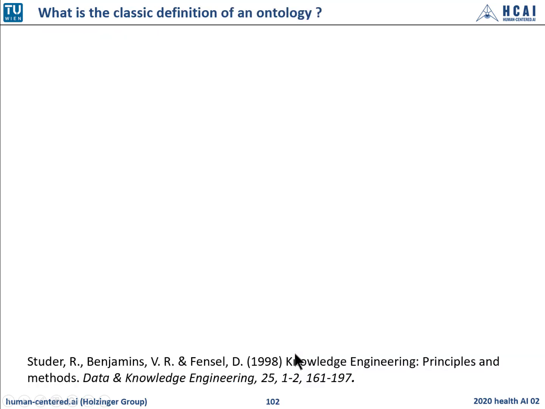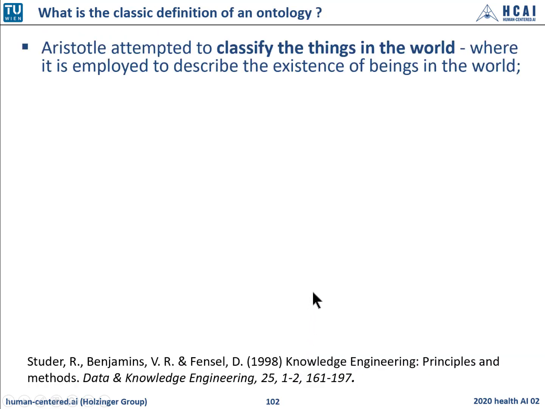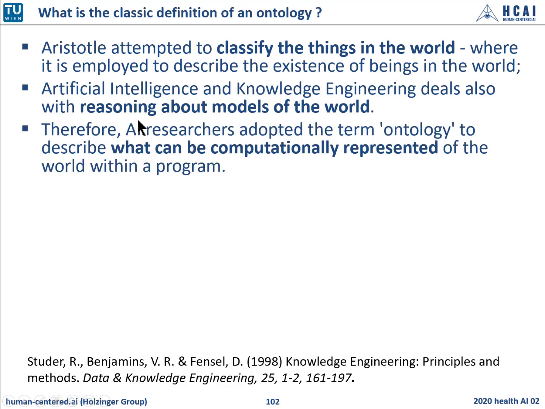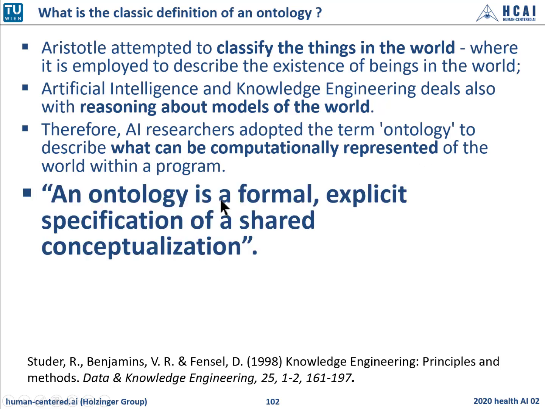Okay. And in this slide, we see a classic definition. So Aristotle attempted to classify the things in the world, where it is employed to describe the existence of beings in the world. So artificial intelligence knowledge engineering deals also with reasoning about models of the world. And therefore, AI researchers adopted the term ontology to describe what can be computationally represented of the world within a computer program, an algorithm, or whatever.